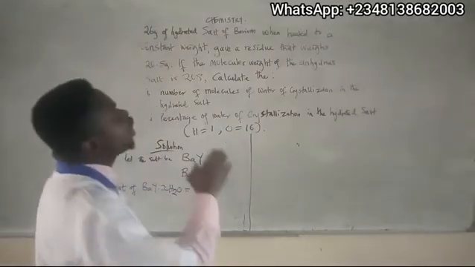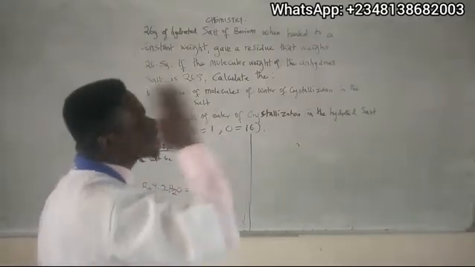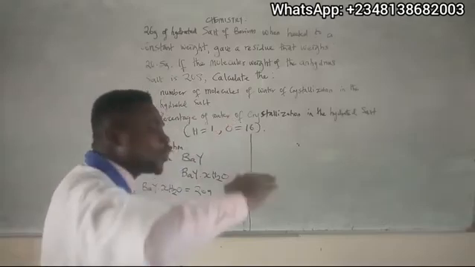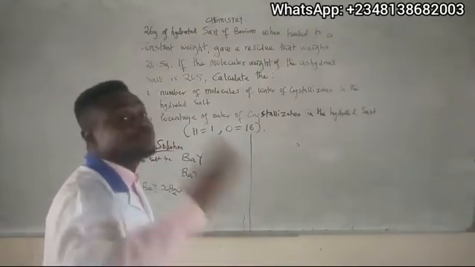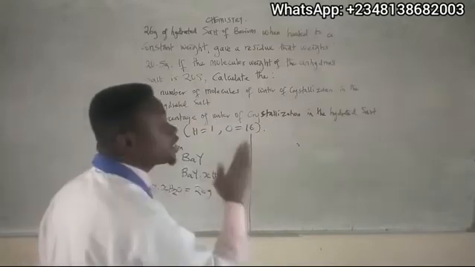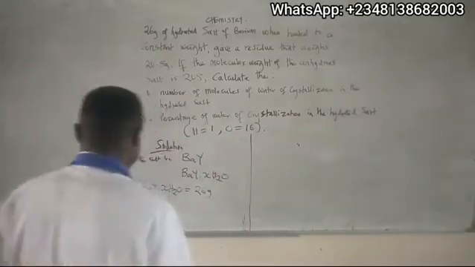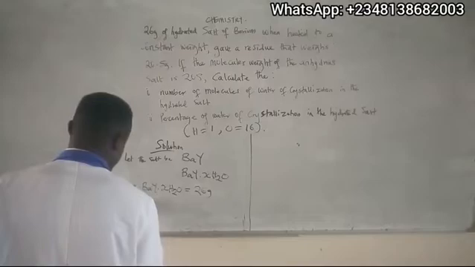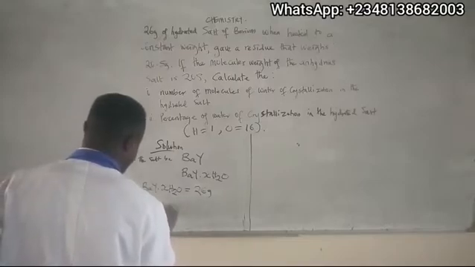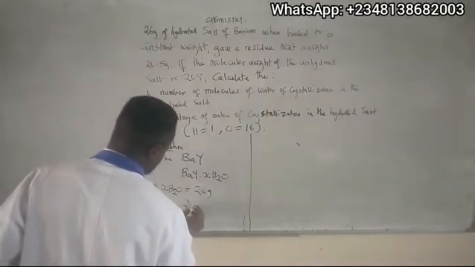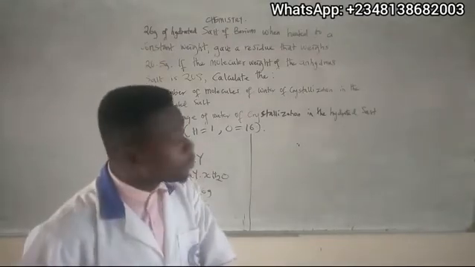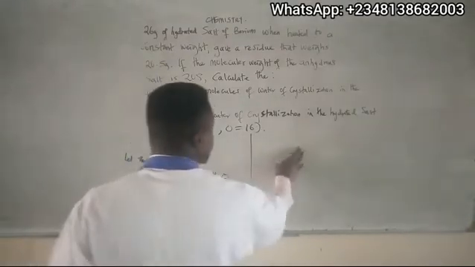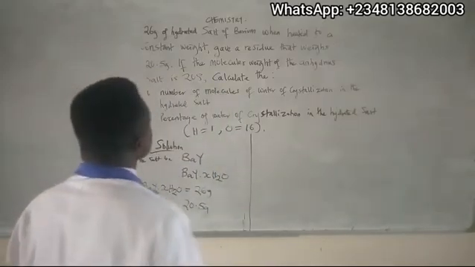Then if it was heated to a constant weight, that means it has lost the water of crystallization. So what remains is BAY. The weight of BAY produced is 20.5 grams. Now let's continue.